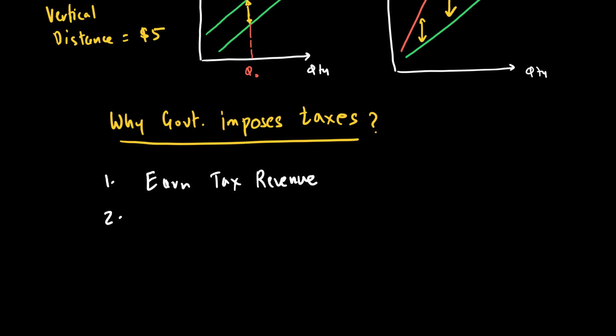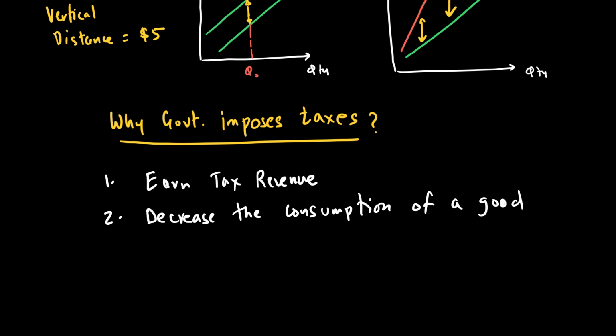The second reason the government may want to put indirect taxes would be to decrease the consumption of a good. And when we say decrease the consumption of a good, we're looking at two examples. One is because the good is harmful.